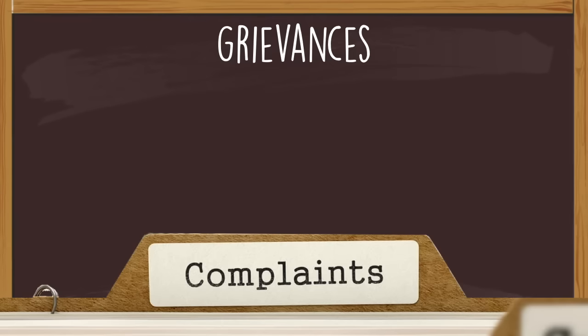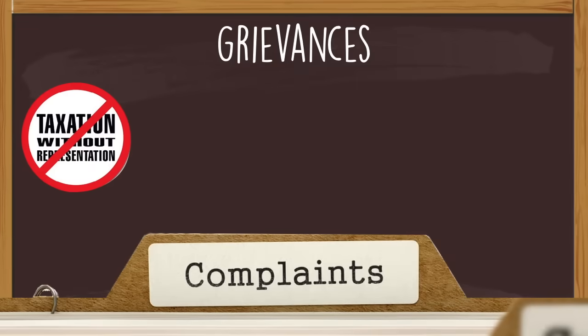There are grievances that you probably should know for your test, and the first big complaint that the colonists had was this idea about taxation without representation. And they write about that a lot in the Declaration of Independence and say, hey, it wasn't fair of you to tax us without our consent.